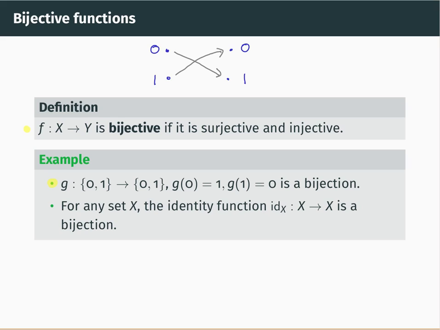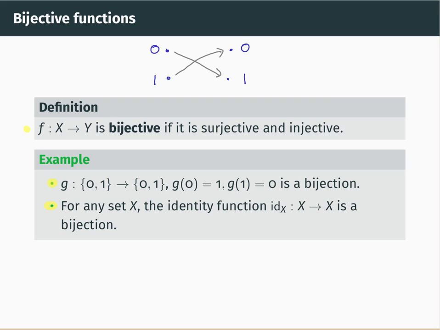You can see that it's onto because every element of the codomain has an arrow pointing to it. Every element of the codomain is the target of some arrow. And you can see that it's 1 to 1 because there are no two different arrows pointing to the same place. That means this has both of the properties of surjectivity and injectivity, so it's a bijection. And there's another example, an important example.